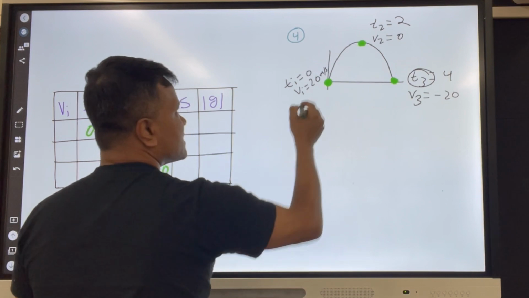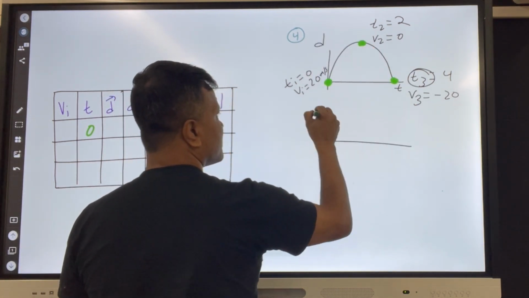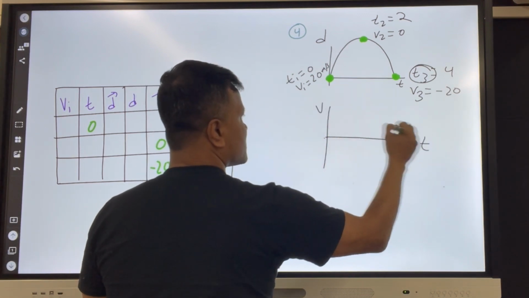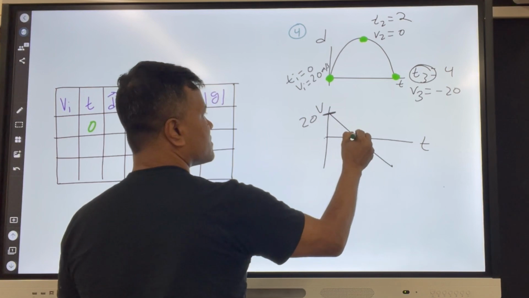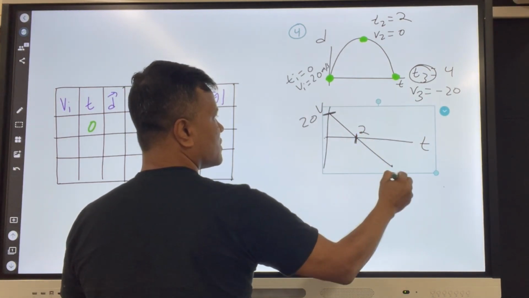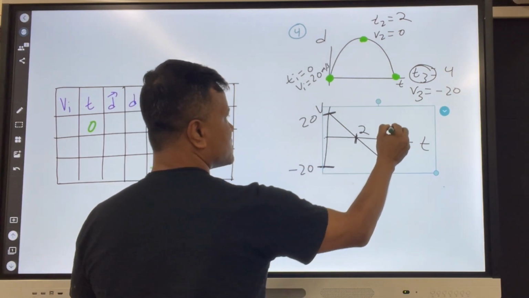Okay, good. This is your dt graph. If you do the vt graph, it should look like this, right? So this is your 20, this is your 2, this is your negative 20, and this is your 4.